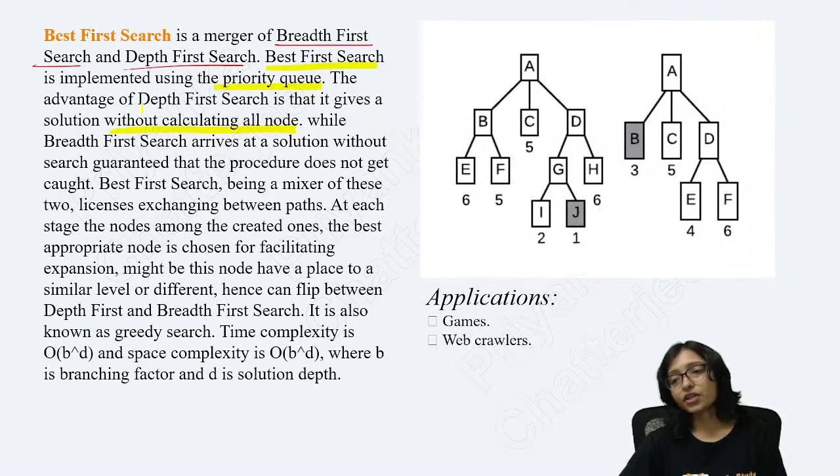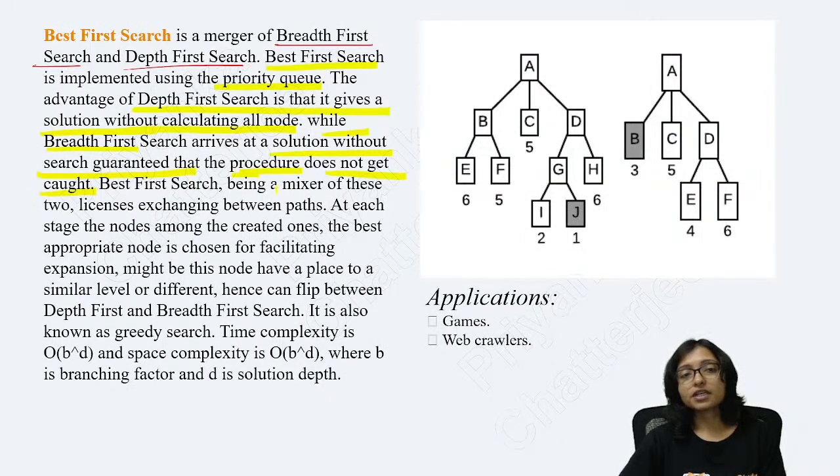These are the points you have to remember so that you can do the question. The depth first search gives a solution without calculating all the nodes, while the breadth first search gives a solution, but the search is guaranteed.